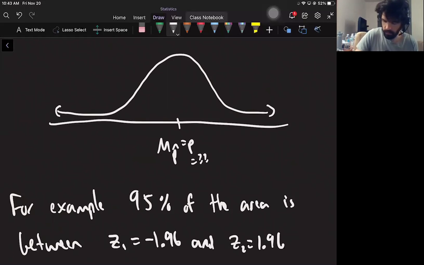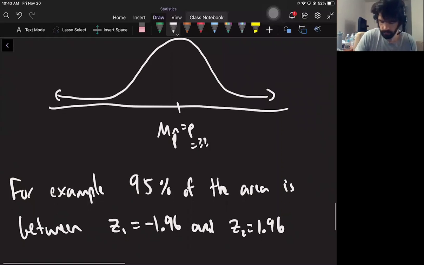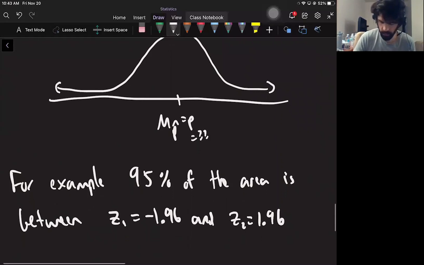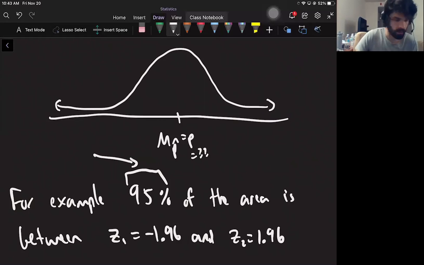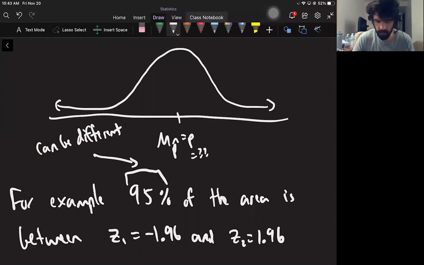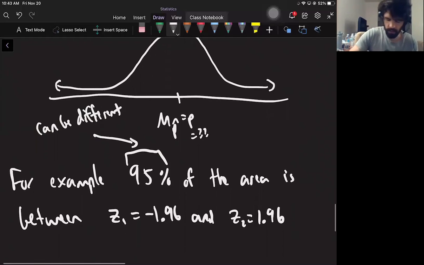And that's just because it's a normal distribution. So why 95? Well, this is just a commonly used number, but we can change this. People just like 95 for some reason. But that would also change these too.